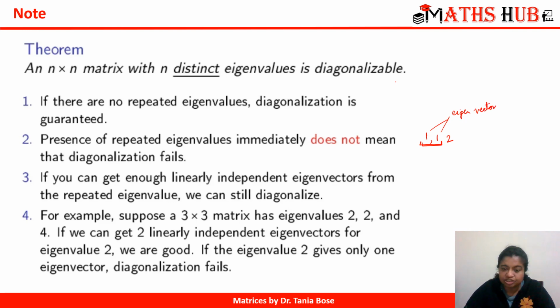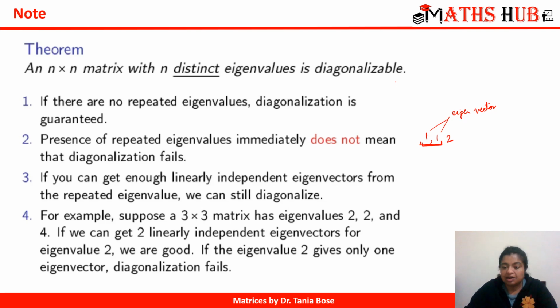For example, suppose there is a 3 cross 3 matrix whose eigenvalues are 2, 2 and 4. If we can get two linearly independent eigenvectors for the eigenvalue 2, then it is diagonalizable, right? But if the eigenvalue 2 gives only one eigenvector, then diagonalization fails, right?